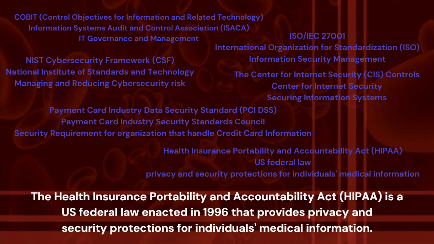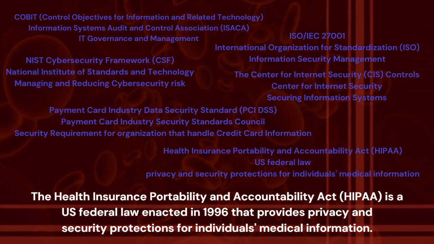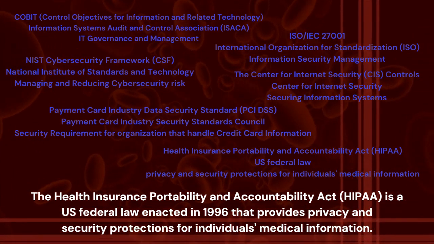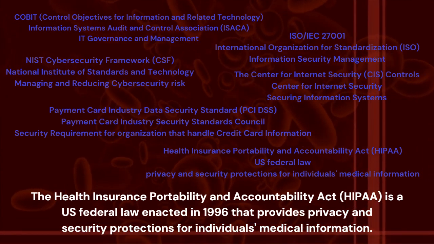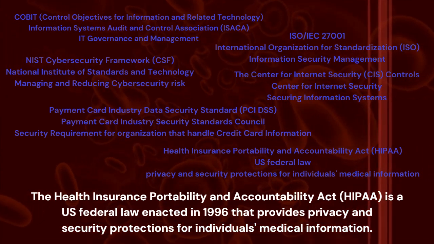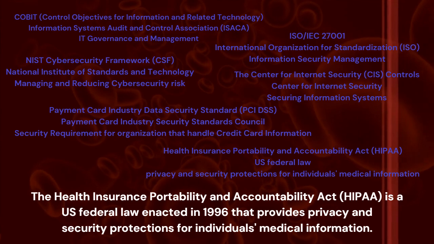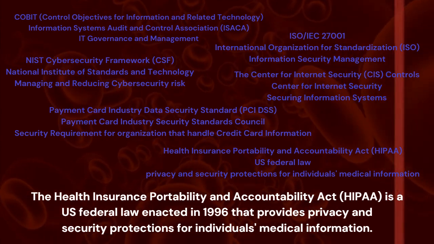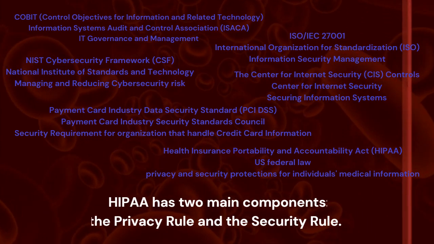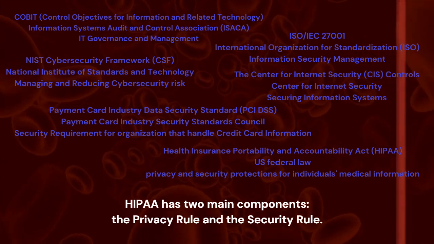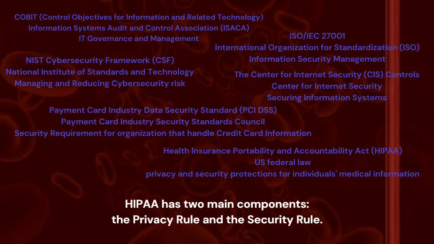HIPAA. The Health Insurance Portability and Accountability Act, HIPAA, is a U.S. federal law enacted in 1996 that provides privacy and security protections for individuals' medical information. HIPAA has 2 main components: the Privacy Rule and the Security Rule.